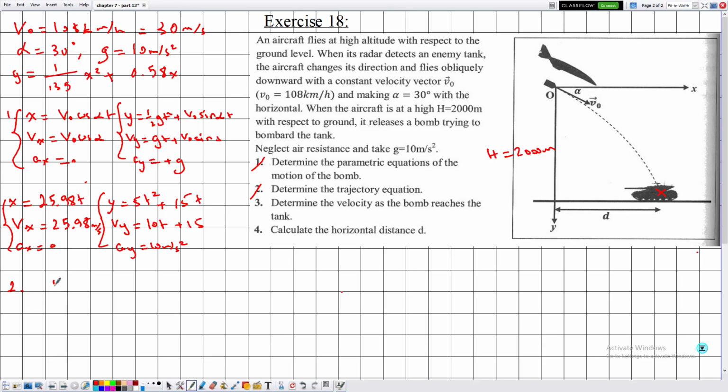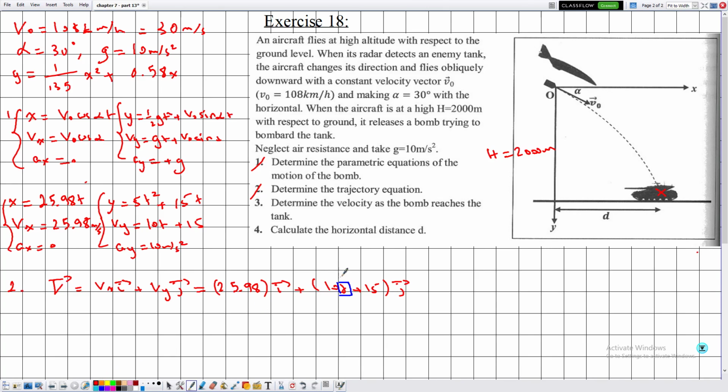Now the velocity vector is given by Vx i plus Vy j, which is equal to 25.98 multiplied by the unit vector i plus 10t plus 15 multiplied by the unit vector j. Now in order to determine the velocity vector, we need to determine the value of t.